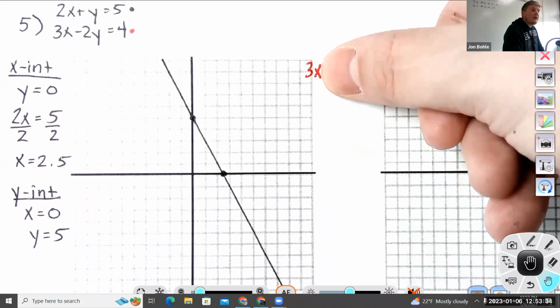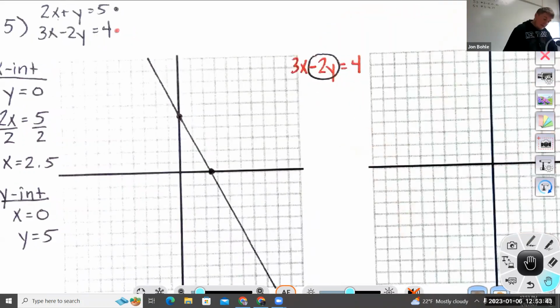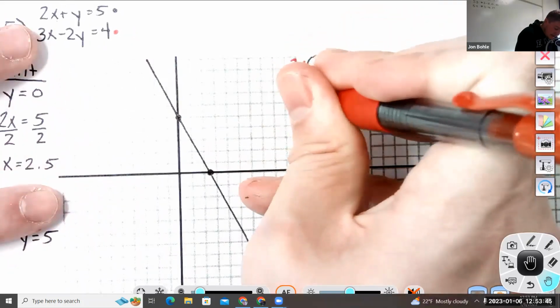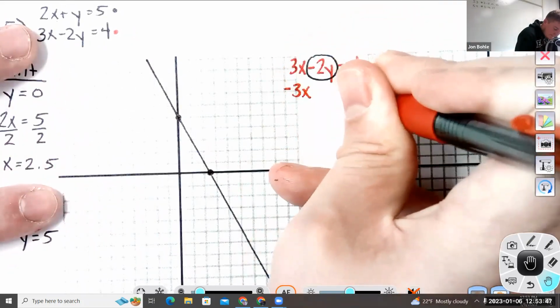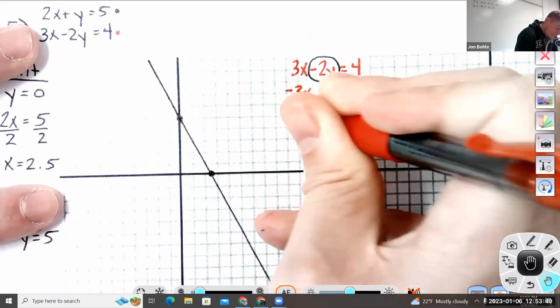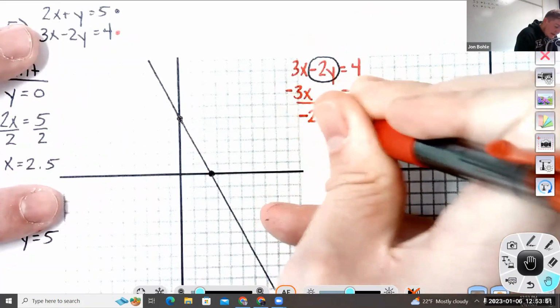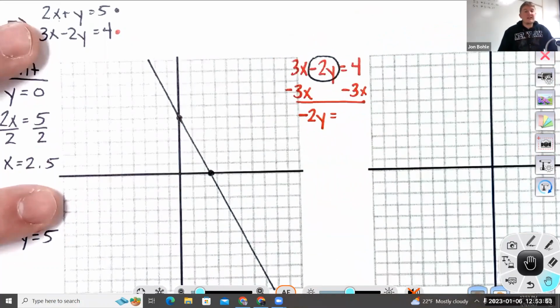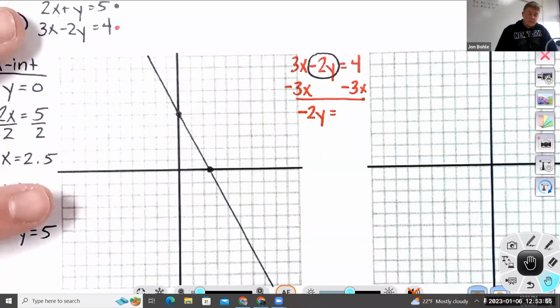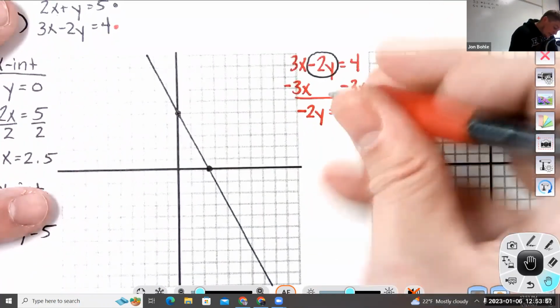I have a 3x. Is that a positive 3x or a negative 3x? Positive. How do I cancel out positive 3x? I'm going to minus 3x from both sides. Can I take 4 minus 3x and get 1x? No, because they're not like terms.